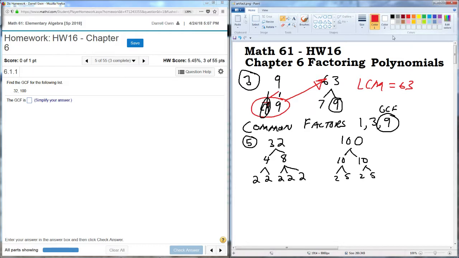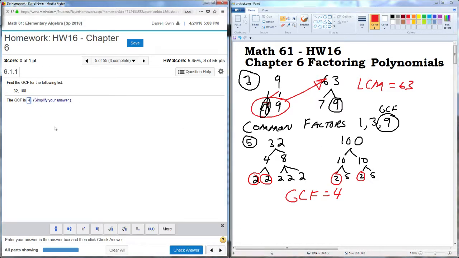The common factors between these two are two 2s, which is GCF equals 4 because they have 4 in common. 4 times 8 is 32, and 4 times 25 is 100. So the greatest common factor is 4.